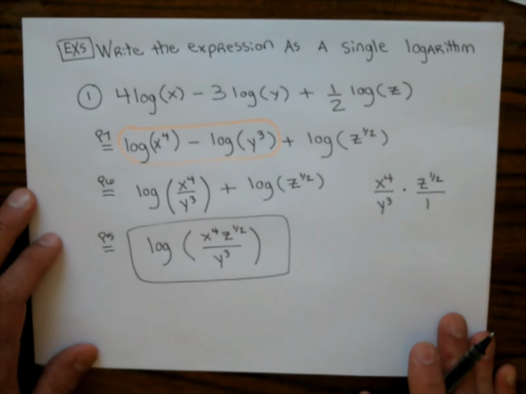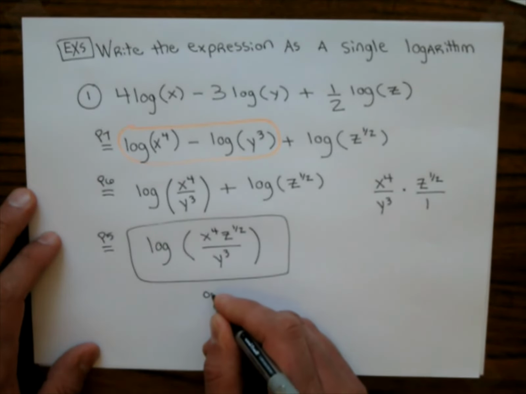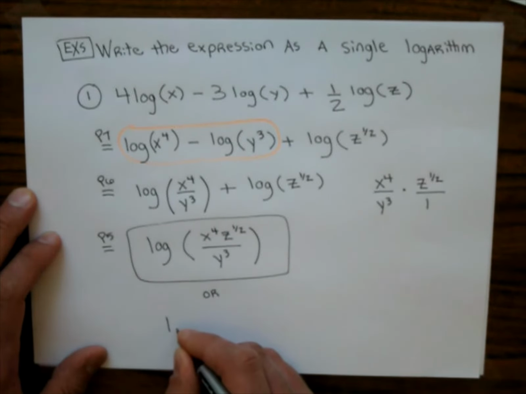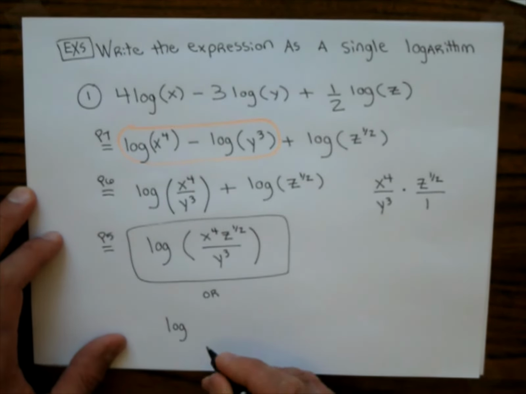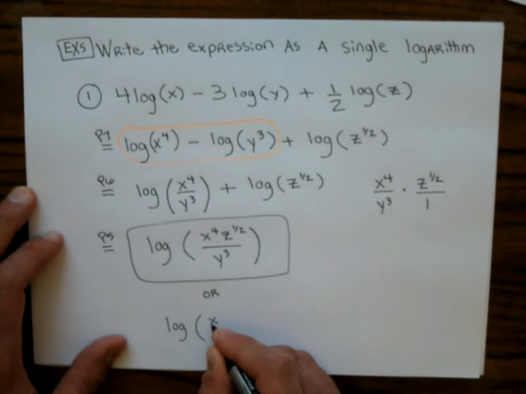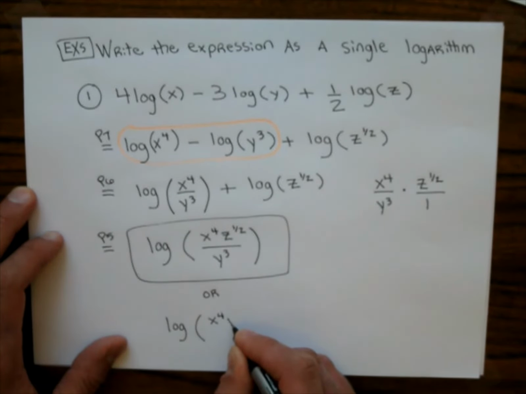And this is an acceptable answer. Now, the math nerds, what are they going to do? They're going to go like this. They're going to say log x to the fourth square root z over y cubed.